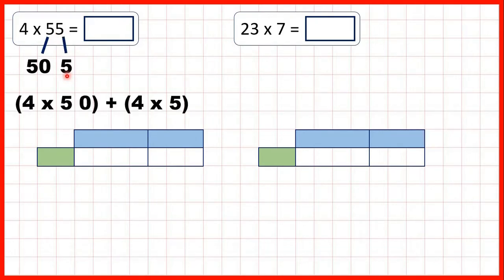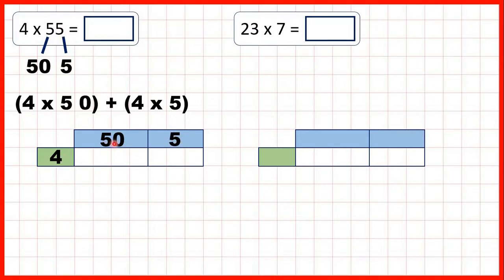So to get our answer, we're going to multiply 4 by 50, then multiply 4 by 5, and then add up our answer. So on our grid, we can write our single-digit number on the left, and then our partitioned number, so 50 and 5 on top.